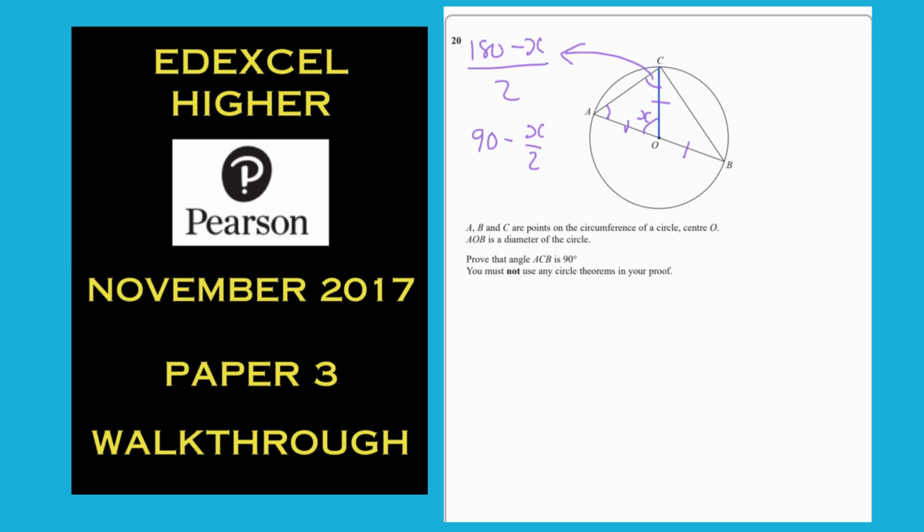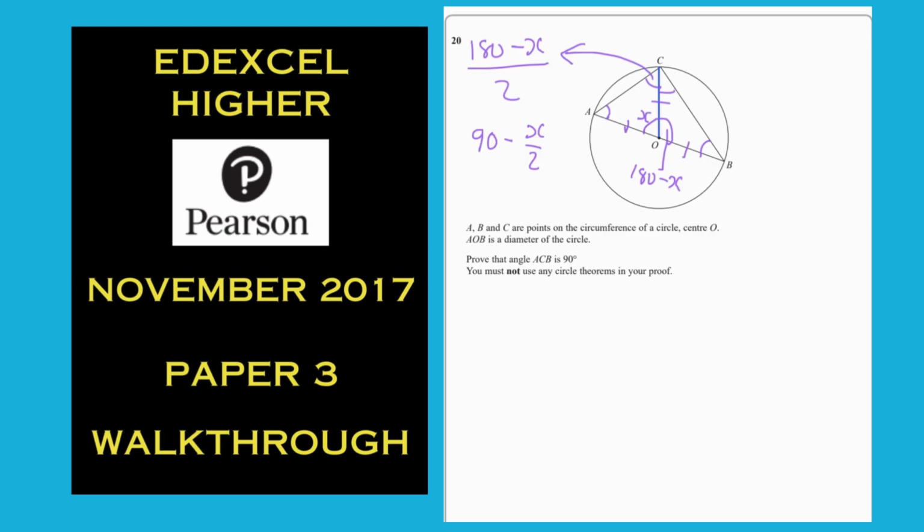But now let's move on to the second triangle, the right-hand side. If that's X, that angle there, because angles on a straight line make 180, that is 180 minus X. And we repeat the process with these base angles of an isosceles triangle.